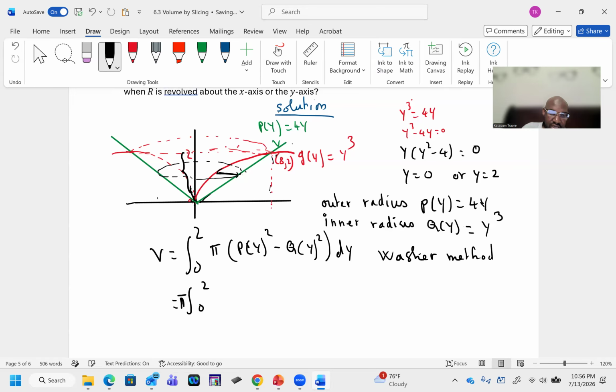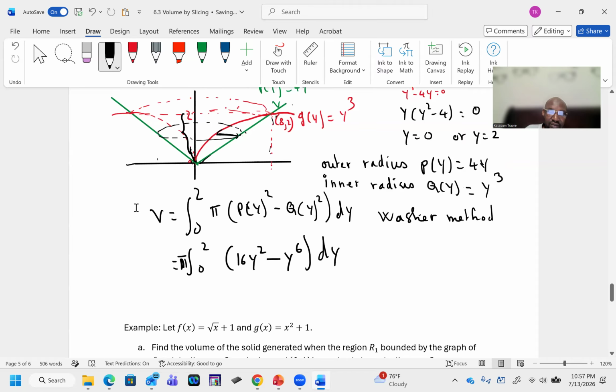Because pi is a constant. p(y) is what? 4y. 4y squared is what? 16y squared, right? Minus q(y). q(y) is what? Y cube. Y cube squared would be y to the power of 6 dy. And then you just need to integrate this one.